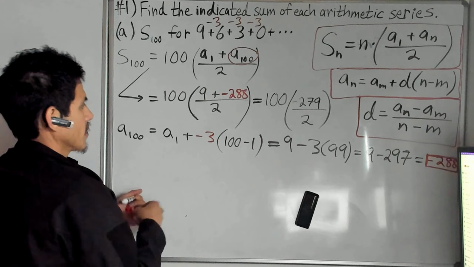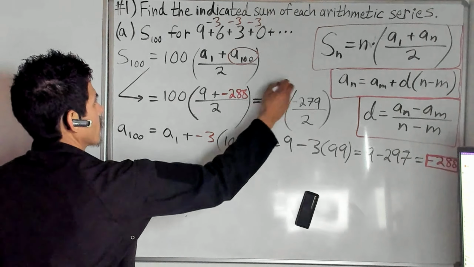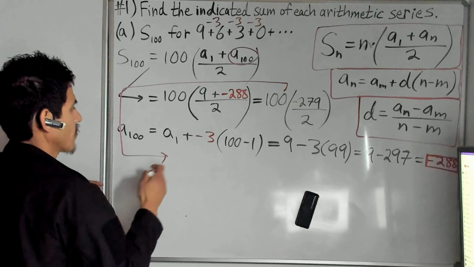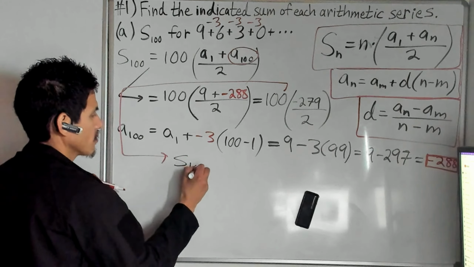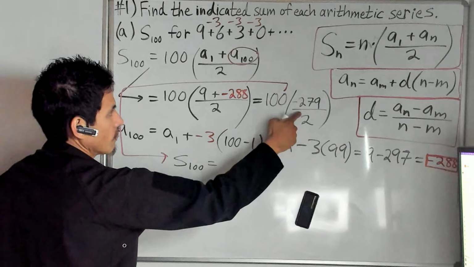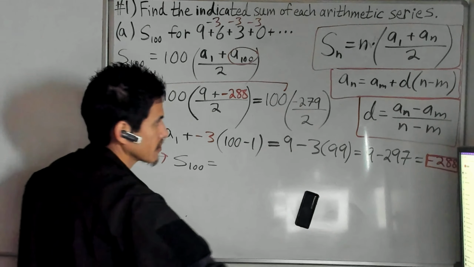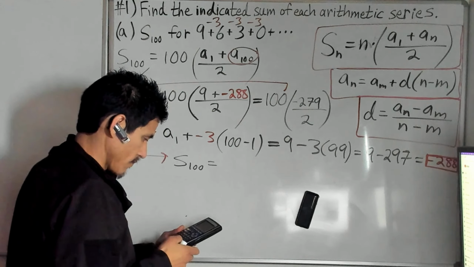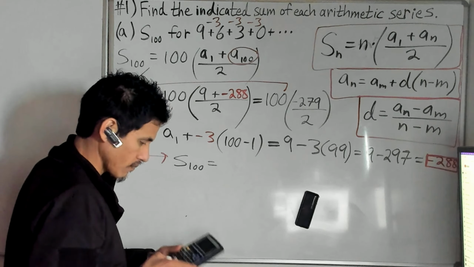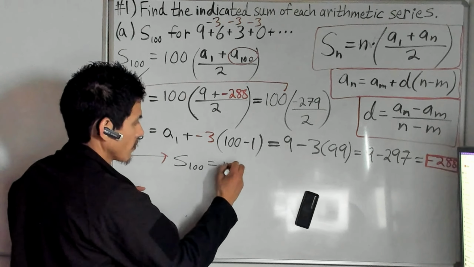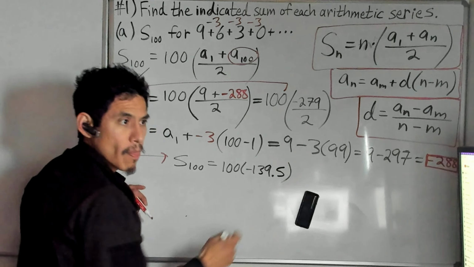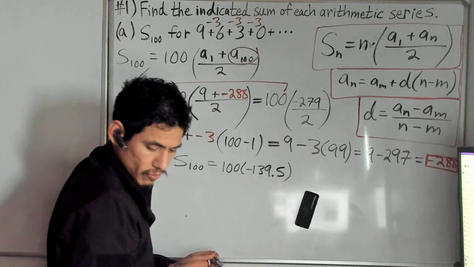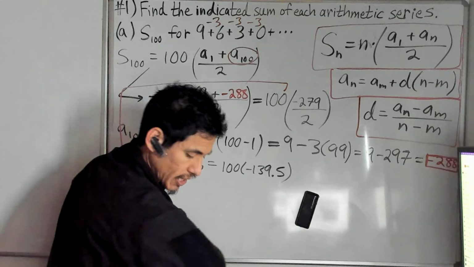Looks like I ran out of space again, so let's go out over here. That's S100 will be -279 over 2 times 100. So 100 times -139.5. It'll be -13,950.